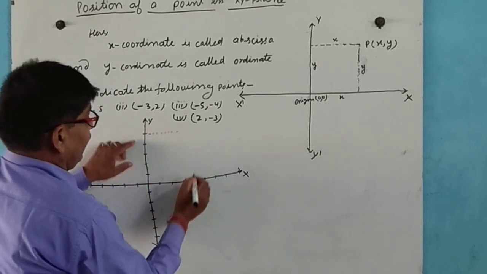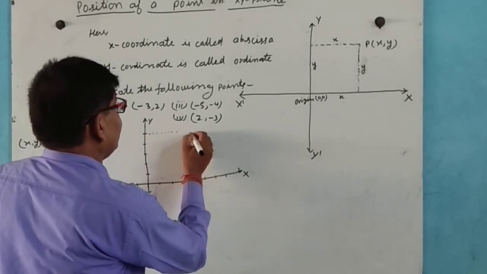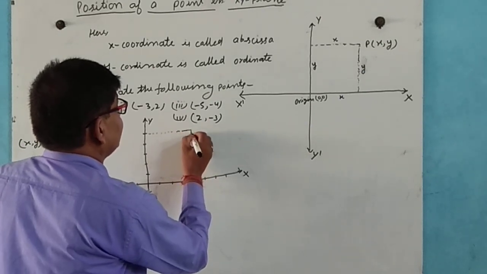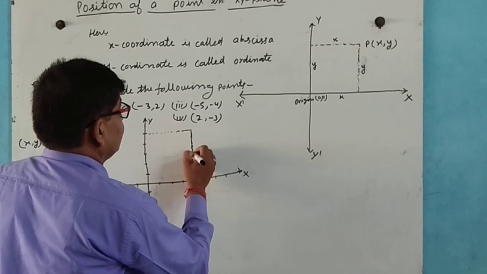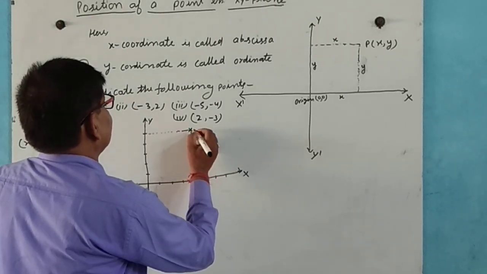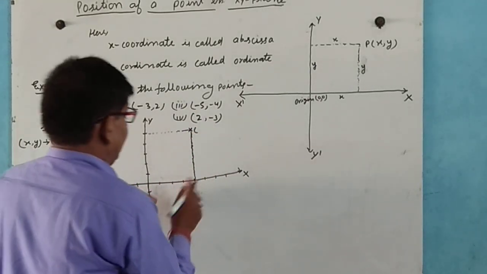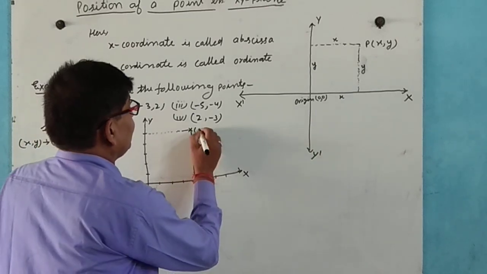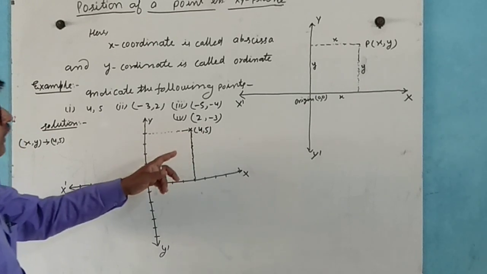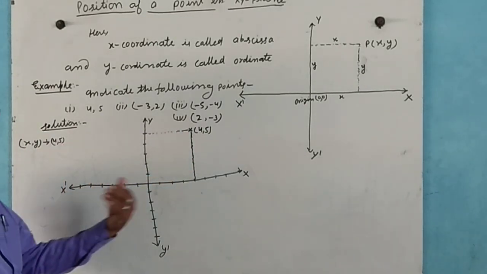This point is (4, 5). This is the first quadrant, second quadrant, third quadrant and fourth quadrant.